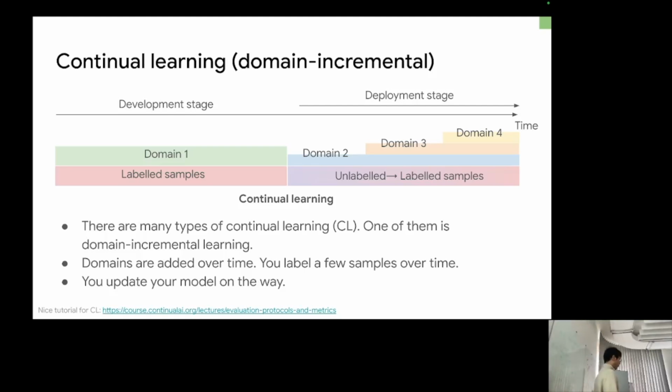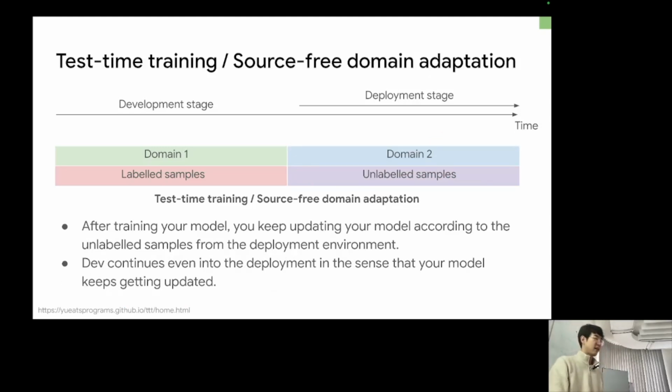Now, continual learning is also talking about something similar, especially domain incremental continual learning. So you have a single domain to train on during training, and then as the deployment stages go on, you'll be introduced to new domains sequentially. So what is the difference from the previous test time training?